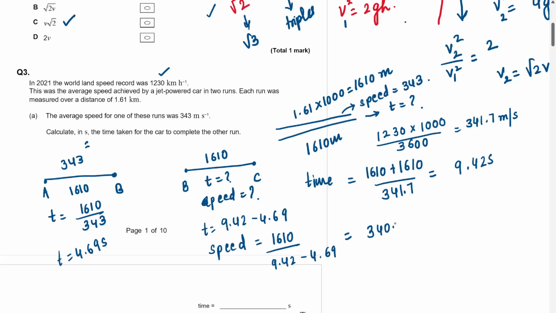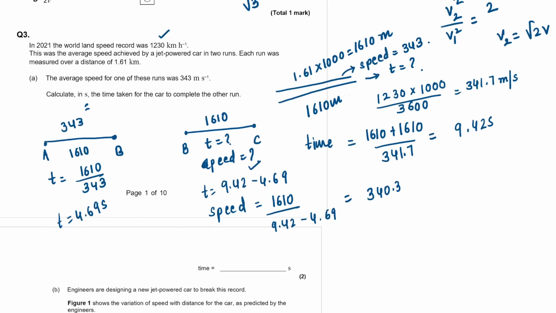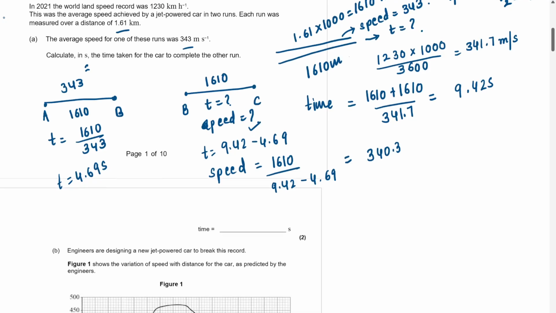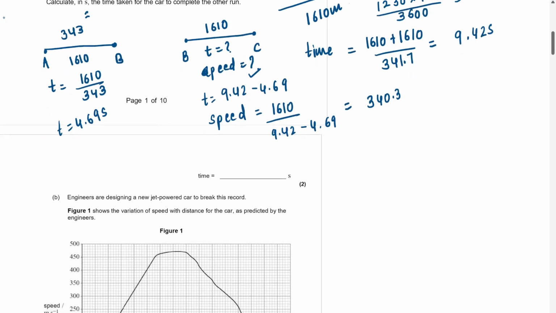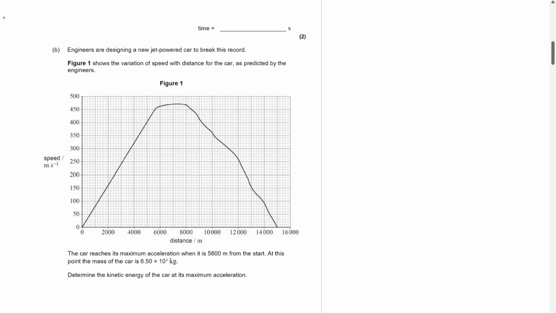We don't need the average speed, we need the time. What we need to understand here is that we need 3 significant figures in the final answer. If you have less than 3 significant figures in your final answer, we are not getting the full marks.